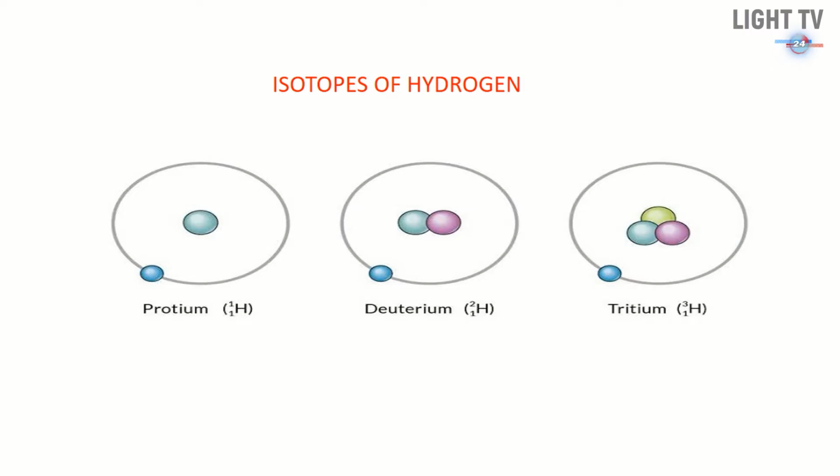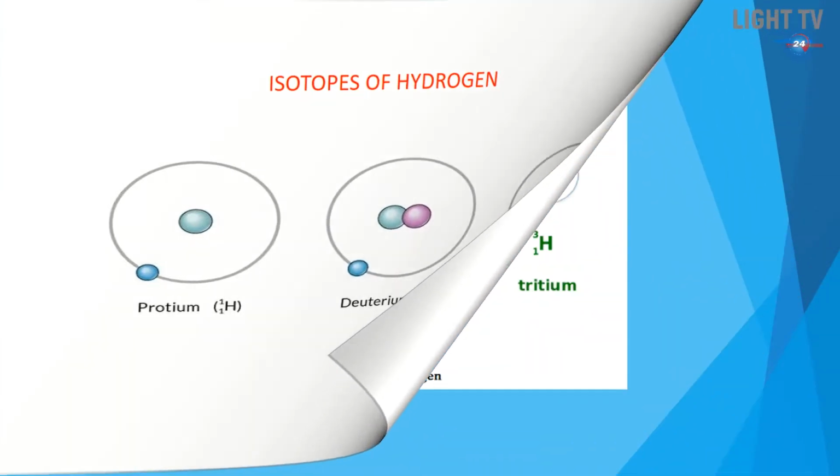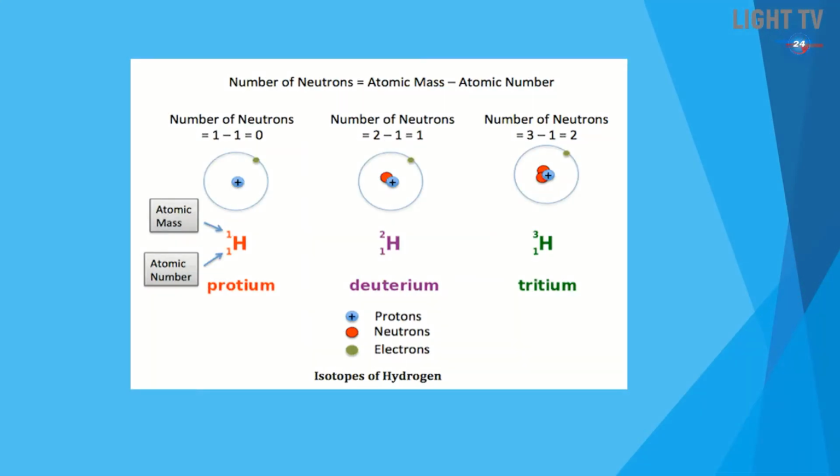And hydrogen 3, the name is tritium, it is H31. Therefore tritium has a mass number of 3, which means it has 2 neutrons and 1 proton.